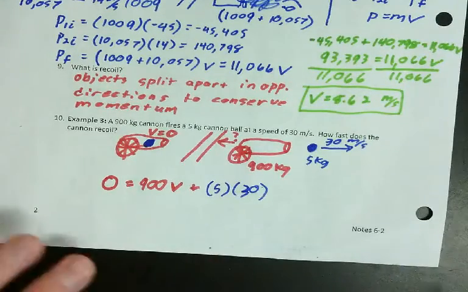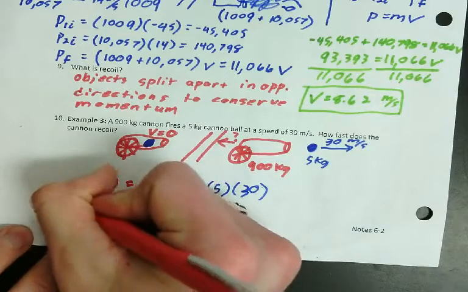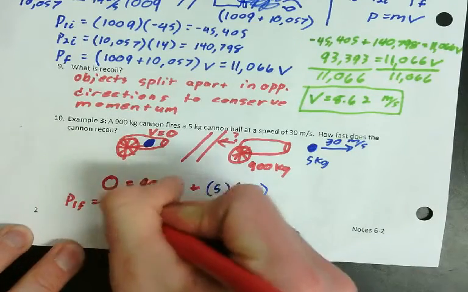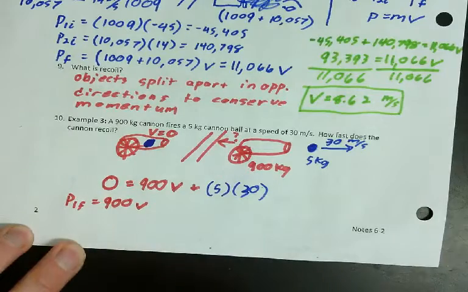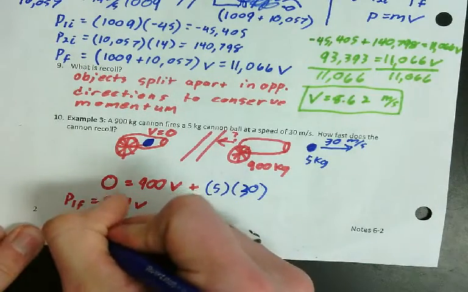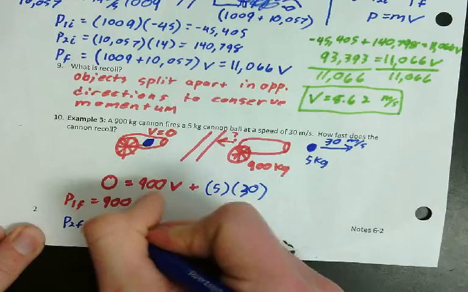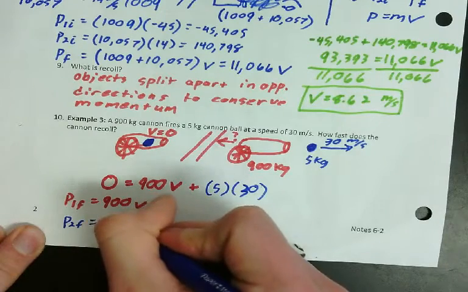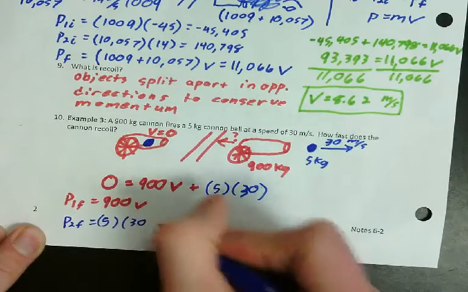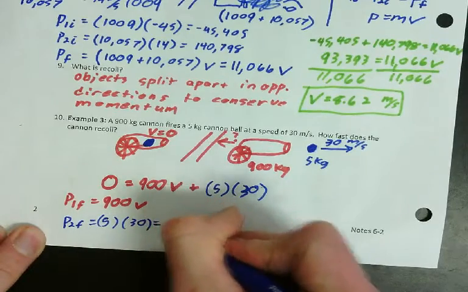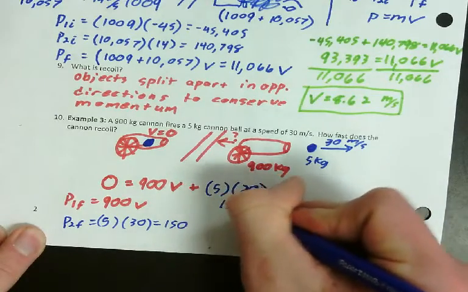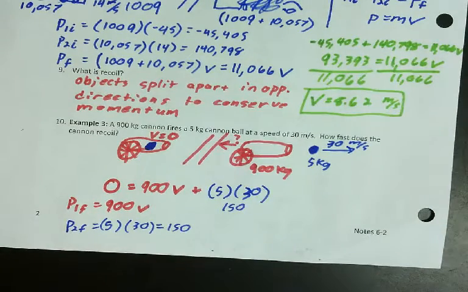What I would do is say P1 final equals 900 times v. P2 final equals mv, 5 times 30. And then you solve from here.